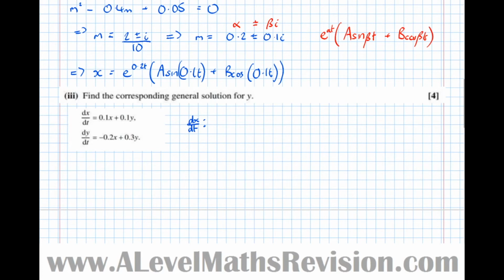And I'm going to use the product rule here. So I've got u equals e to the 0.2t, which means that u dash equals 0.2 e to the 0.2t. v equals a sine of 0.1t plus b cos of 0.1t.